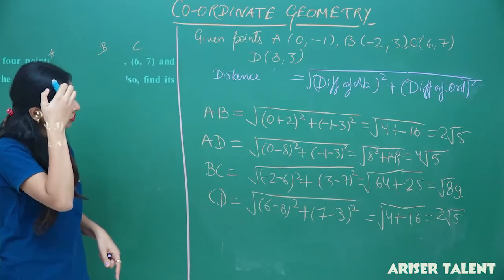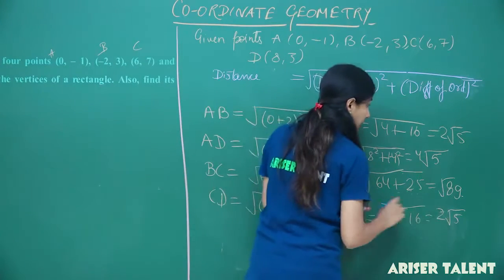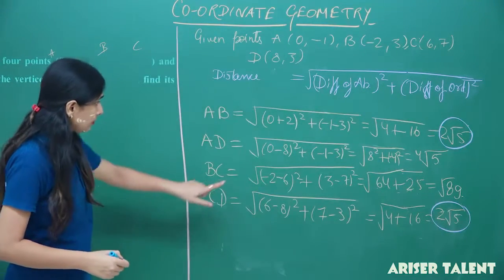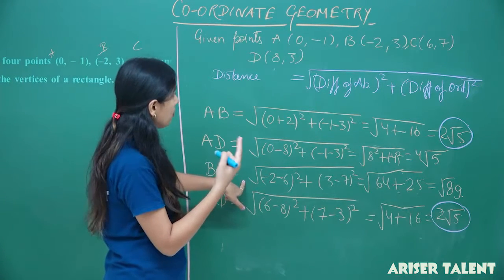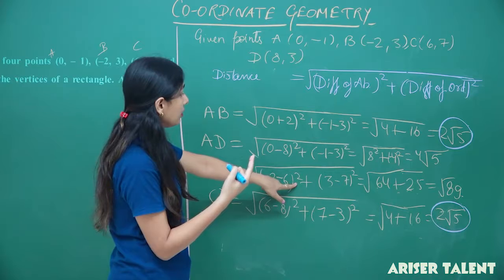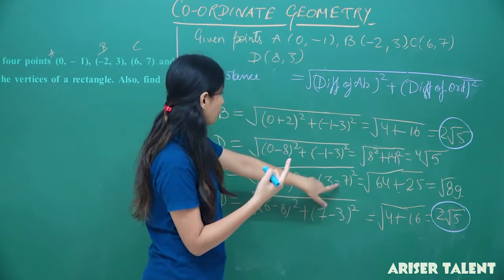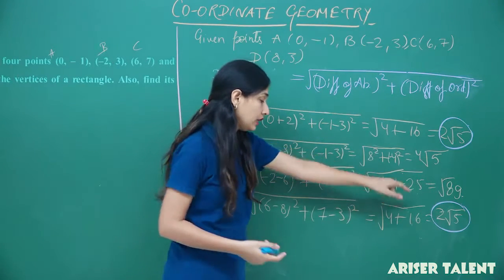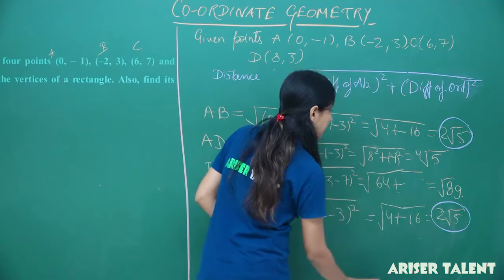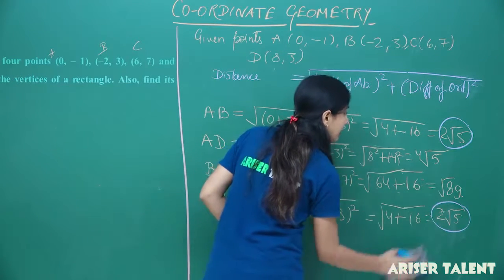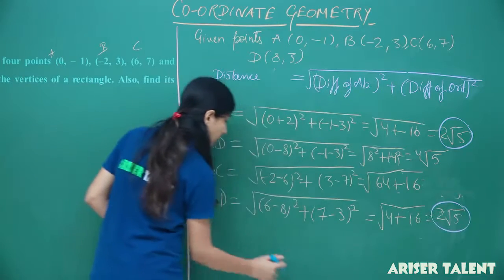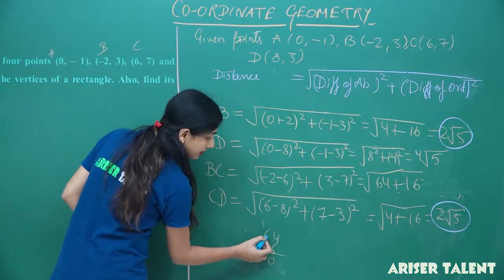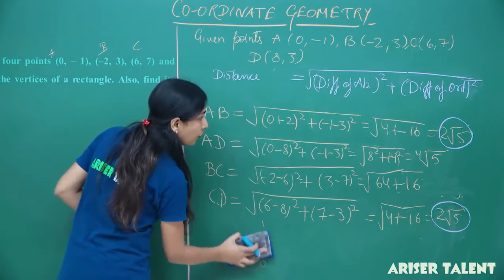So what I am getting, these two are equal. And for B and C, minus 2 minus 6 squared and 3 minus 7, so 4 squared, 16, root of 64 plus 16, root 80, again 4 root 5.